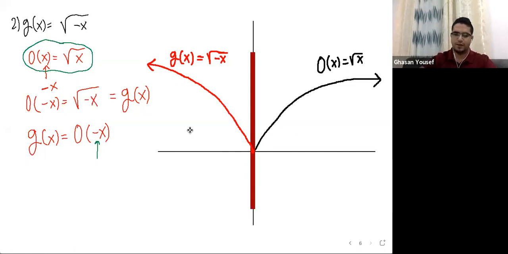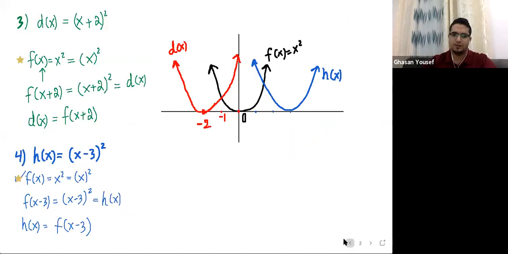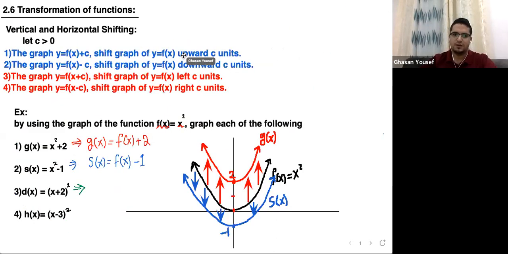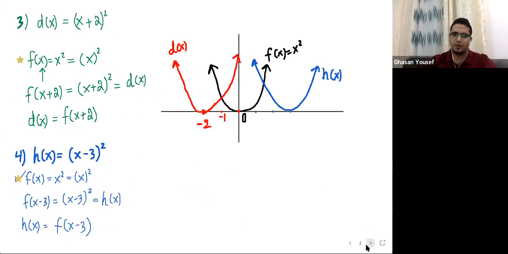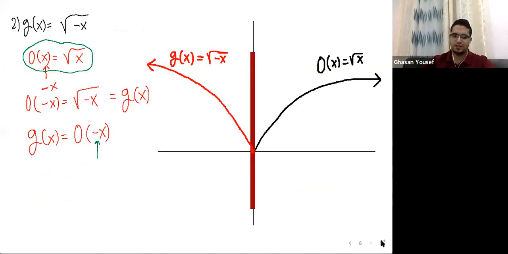No questions. Okay. Now we're going over the vertical stretching and shrinking of a graph. After we know how we can do shifting up and down and left and right, and also after we learn how we can do reflection around the x-axis and around the y-axis, now we're going to learn how we can do shrinking and stretching.